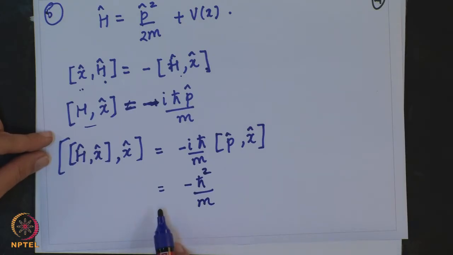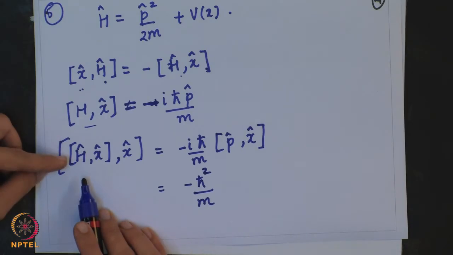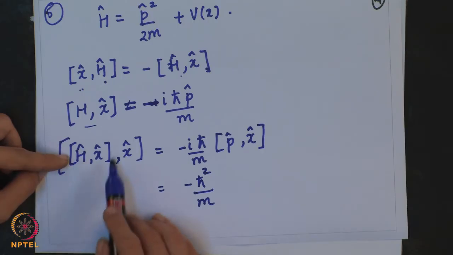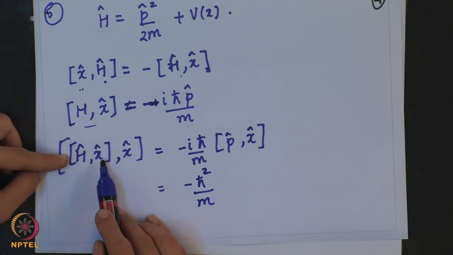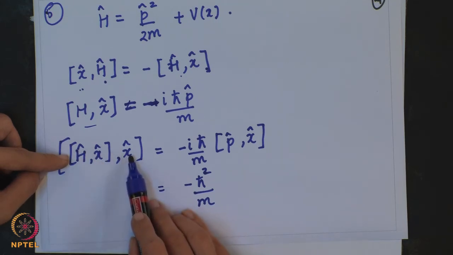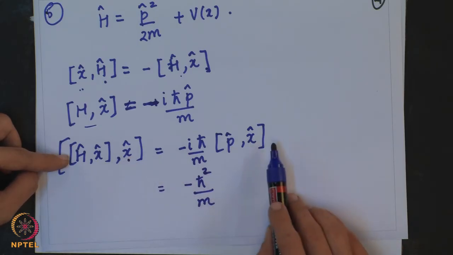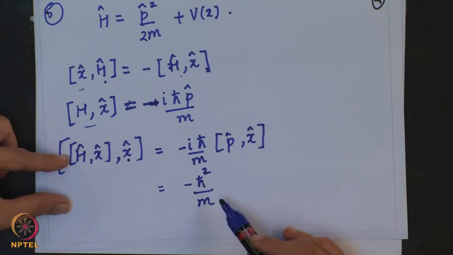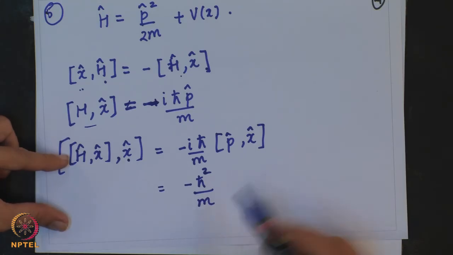So, I have got this by using the commutator result from the previous problem, and when you commute with the operator x, what we obtain is minus ħ²/m.